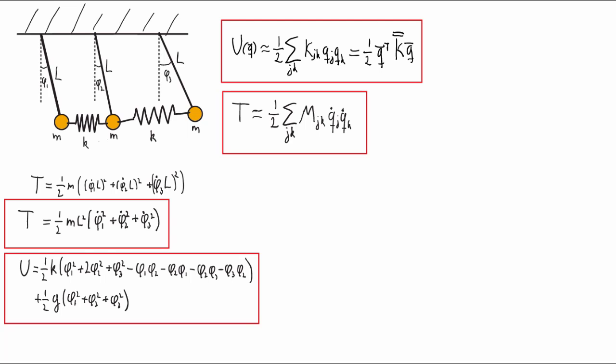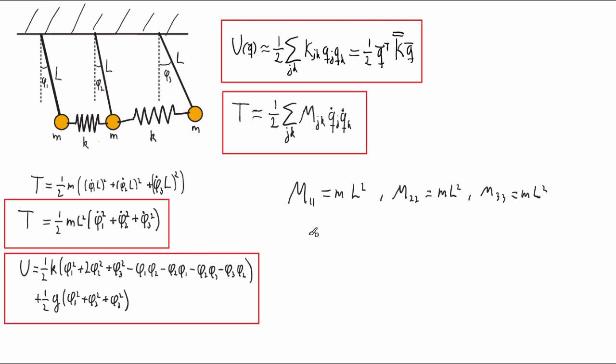So we know for a fact then that M11 equals ML squared. Same thing for M22 and M33. You can just read that straight off.